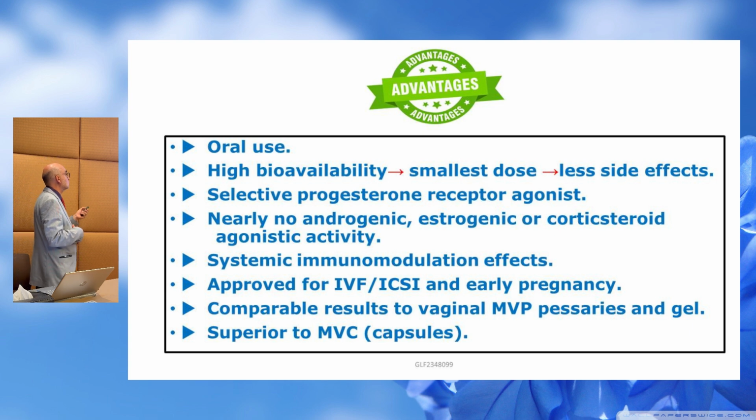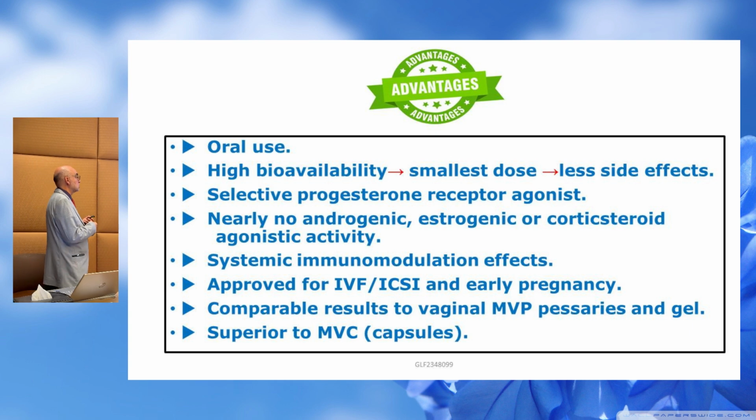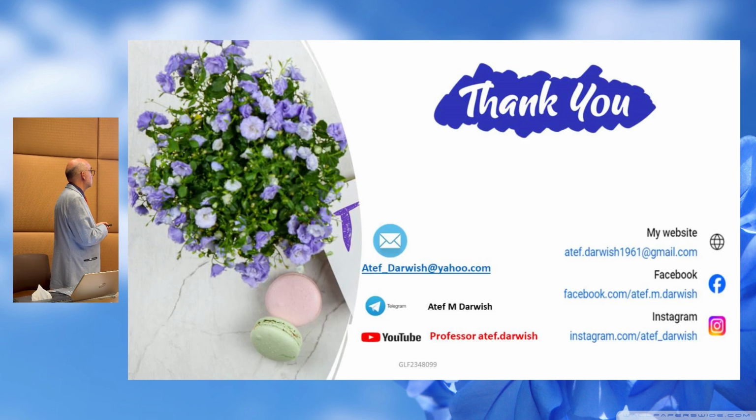Oral dydrogesterone is advantageous because it's oral, with high bioavailability, small dose, fewer side effects, a selective progesterone receptor agonist, with nearly no androgenic, estrogenic, or corticosteroid agonist activity, has a systemic immunomodulatory effect, and is approved for IVF and ICSI and early pregnancy, with comparable results to micronized vaginal pessaries and gel, and superior to micronized vaginal capsules, as mentioned in the publications. Thank you. Sorry.